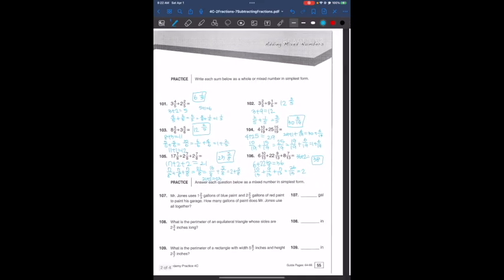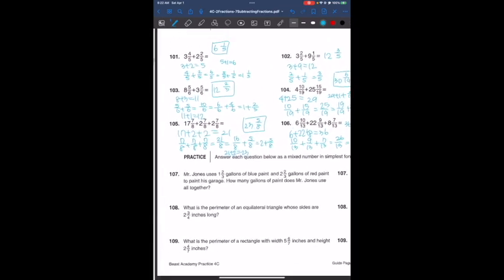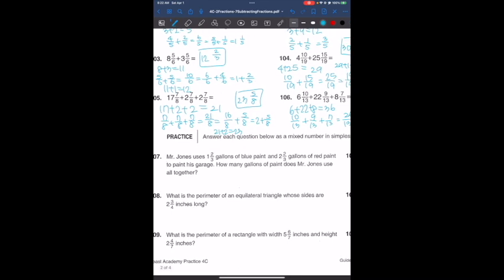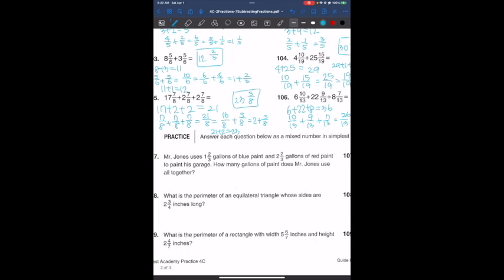Now we're going to look at some word problems. Mr. Jones uses 1 2/3 gallon of blue paint and 2 2/3 gallon of red paint to paint his garage. How many gallons of paint does he use? So we're going to add 1 2/3 plus 2 2/3.